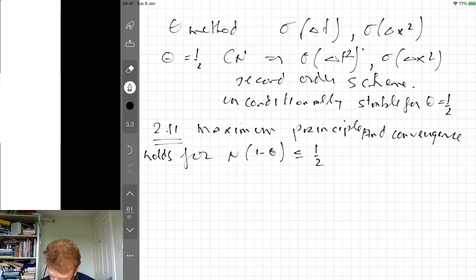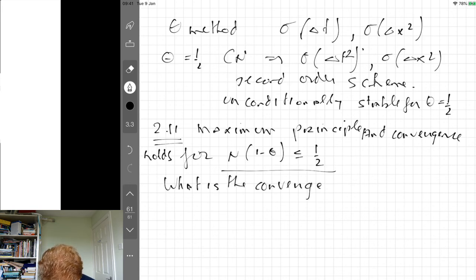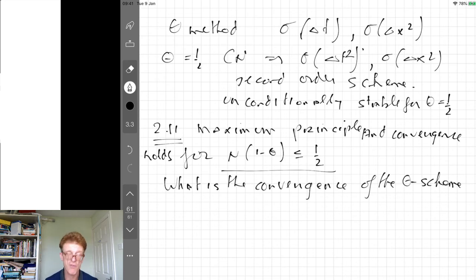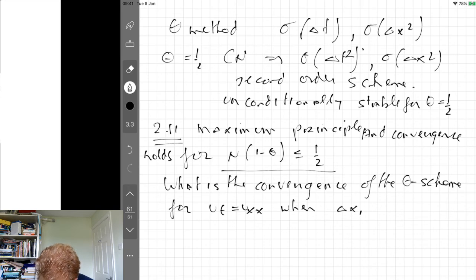So this is a more stringent condition than the stability condition. The generic question to be answered here is, what is the convergence of the theta scheme, which of course includes the backward Euler and forward Euler scheme, for the diffusion equation with homogeneous boundary conditions, in the case that delta x and delta t go to 0 under this condition, because this links delta t and delta x.